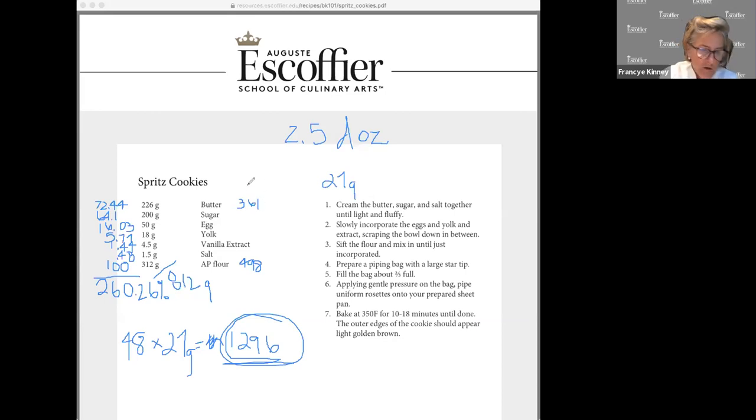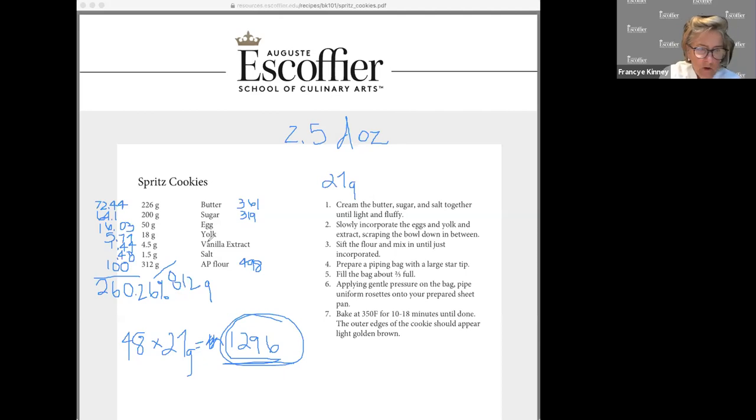Then our sugar will be 498 times 64.1%, which is 319.21. So we'll call that 319 grams of sugar.